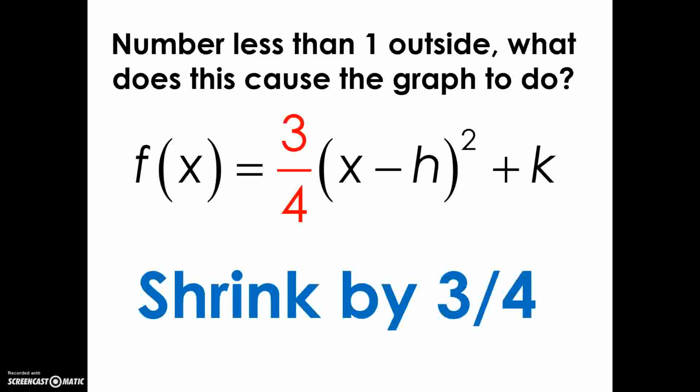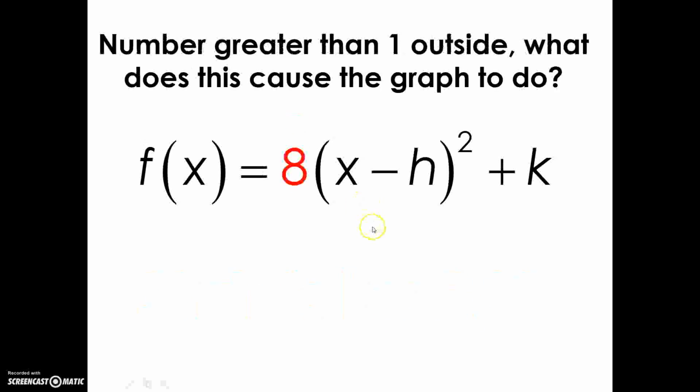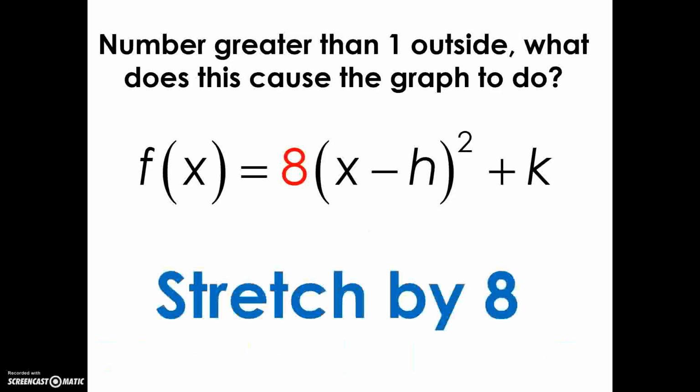So then it would be a stretch. Okay, now 8 is definitely greater than 1, so it is a stretch by 8. And you can't just say stretch, you have to say by the factor that it's stretched by.